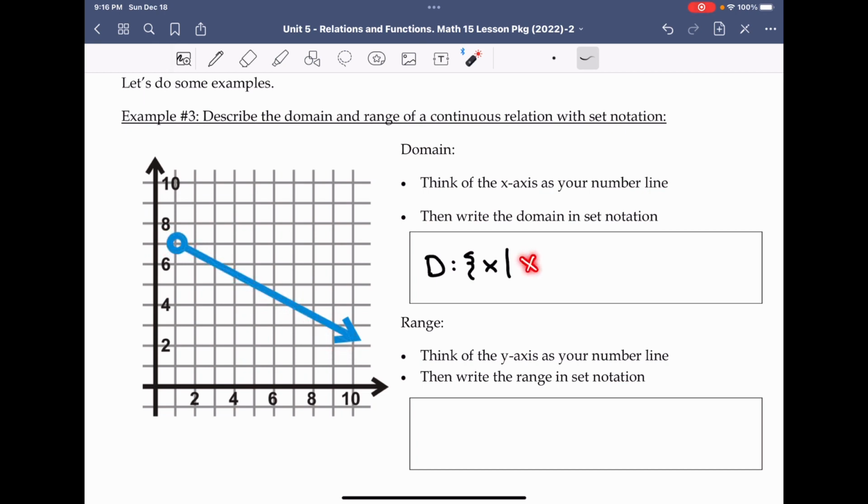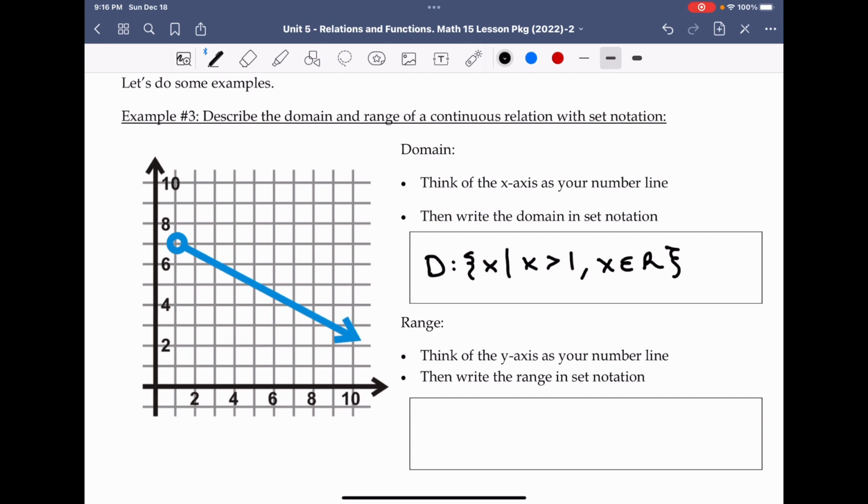So x is greater than 1. And then once it's past 1, because it goes to +infinity, it could actually be any number in the real plane past that 1. So how do we express that? x is an element of the reals. So backwards E, R, where R is the real numbers.